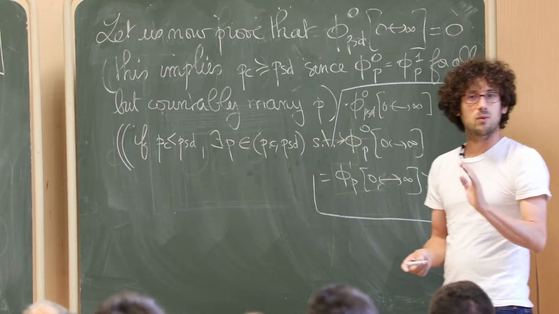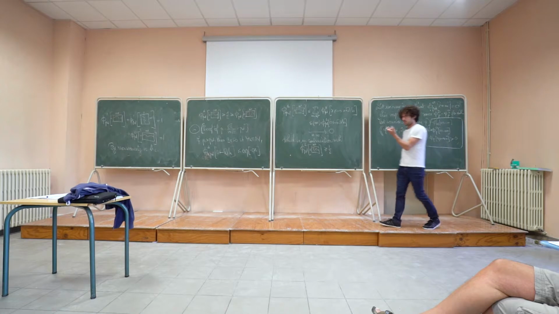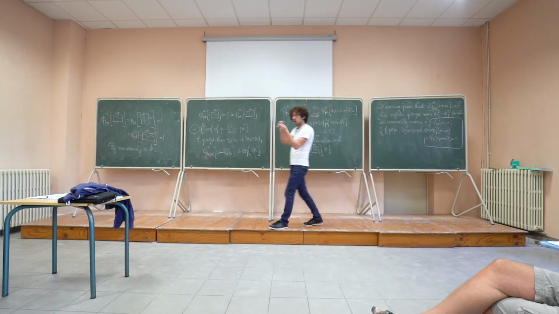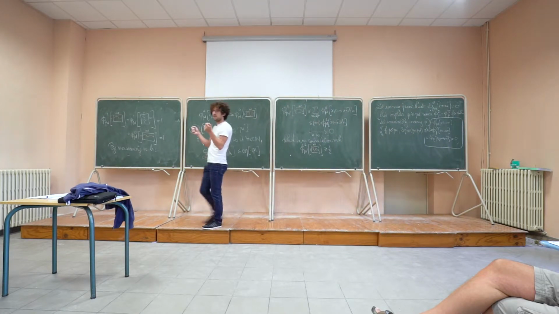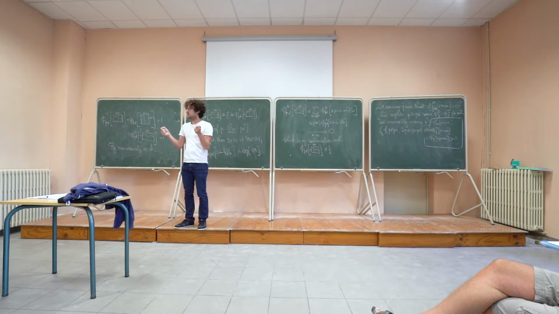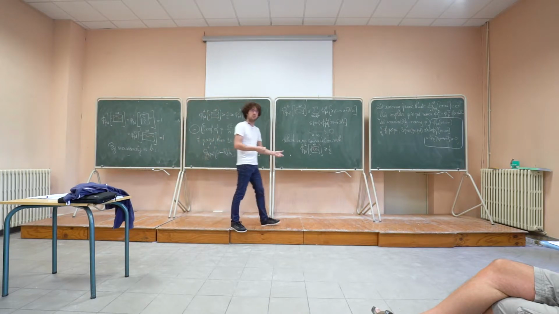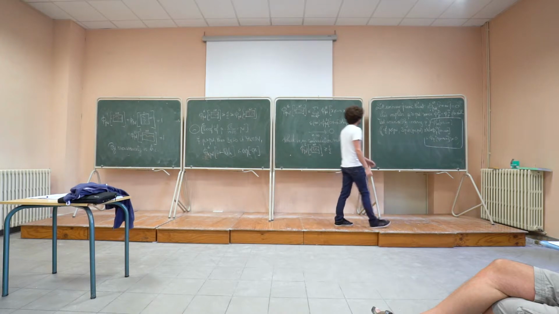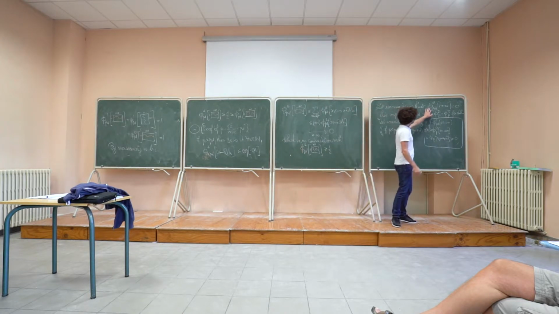It's exactly like when we said that spin-spin correlations do not decay to 0 as soon as p is larger than pc. Well, it's exactly equivalent to say that phi 0p, I mean, the probability of having an infinite cluster is strictly positive as soon as p is larger than pc. We actually use it in the proof. It was an intermediate step. Okay, so we are going to prove that.